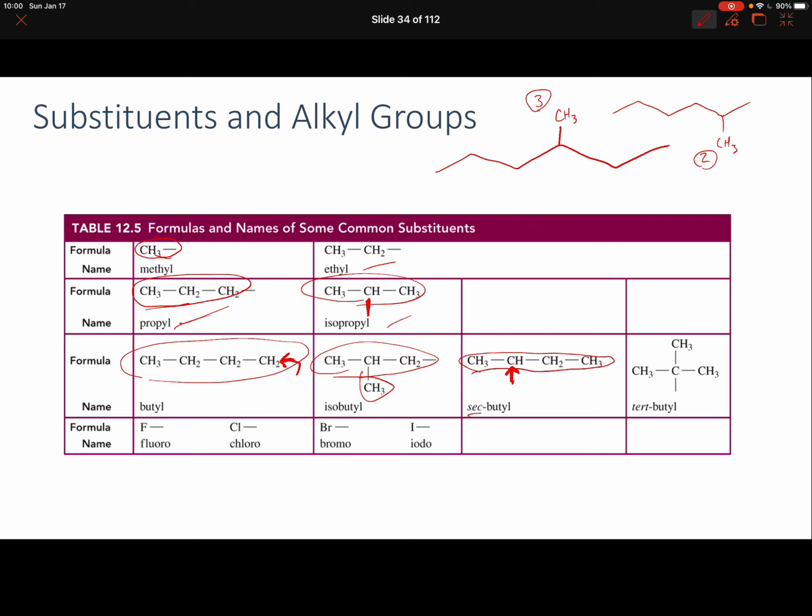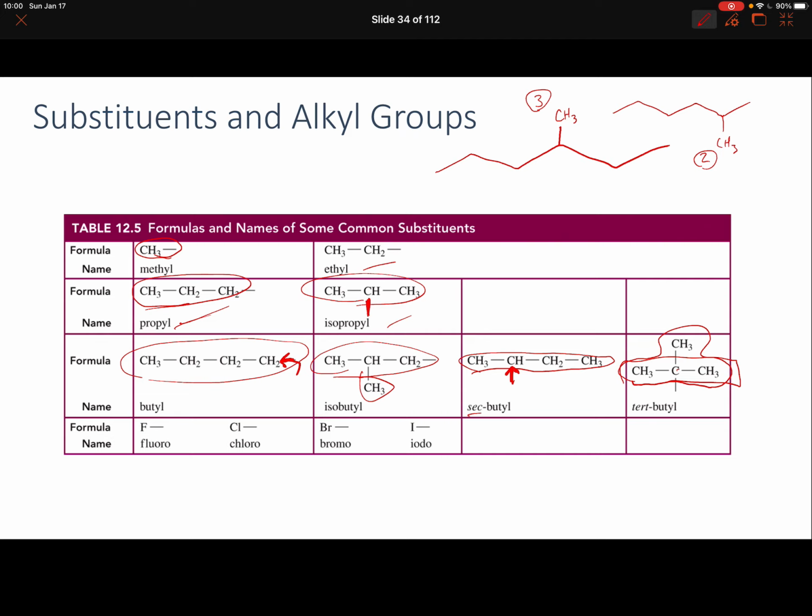And then there's even a tert butyl option, where the whole group that we've attached is a butane, but it isn't a butane that we've seen before. It's the isomer we saw at the beginning of this section, a butane where we have that branch.